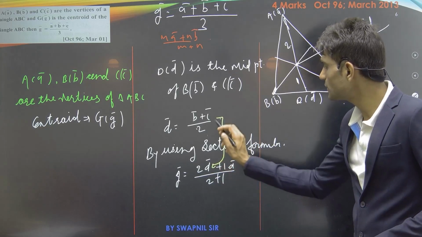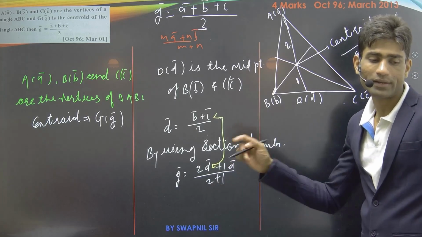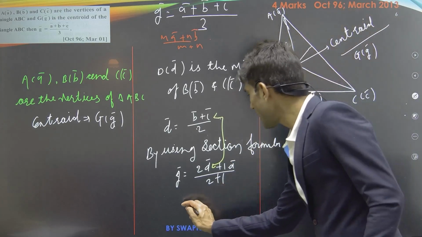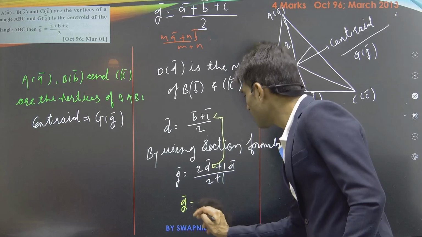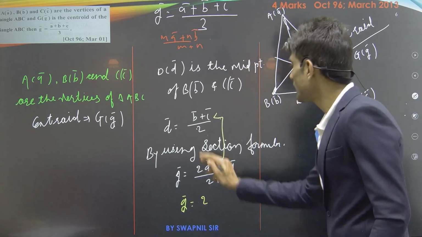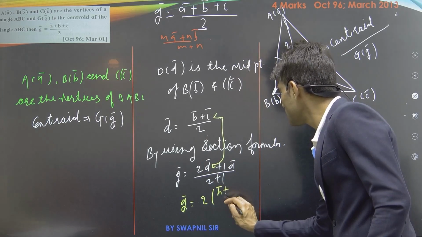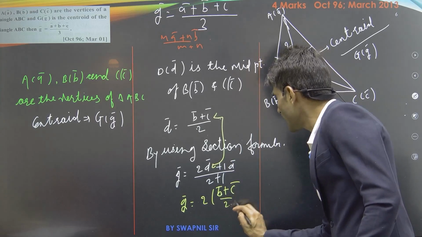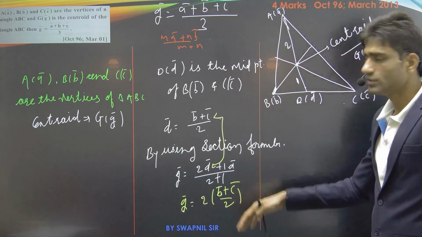So substitute this value here. Put the value for d bar. The position vector g bar can be written as 2 times d bar, which is b bar plus c bar divided by 2, plus a bar. Why have I changed color here?